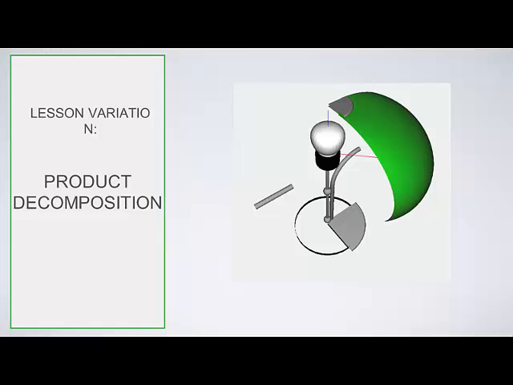Students use the design heuristics to generate ideas for this component or set of components. Teams combine their concepts for the subcomponents at the end, generating whole ideas for the existing product. Necessary materials for this variation are product samples for each team.